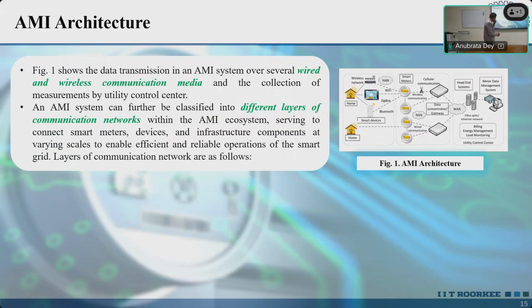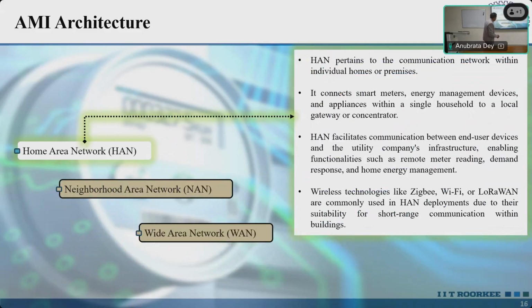Now, as I told you, if you look at the house area network in your home, there are certain features. This communication is required for the house. It's a low bandwidth communication because you have a limited number of smart devices in your house, and you can use Zigbee, Wi-Fi or some LoRaWAN type of network just for HAN.